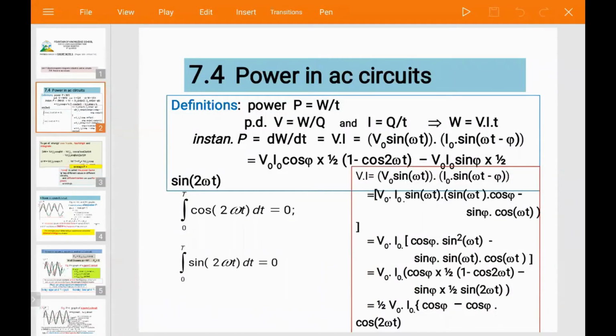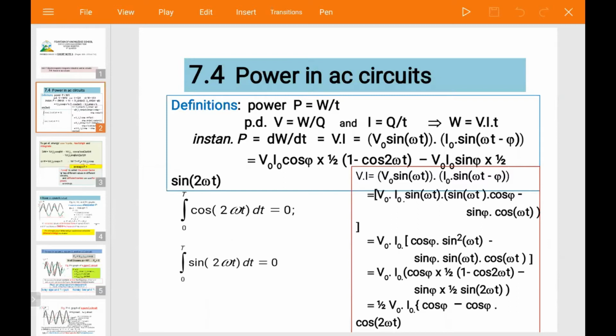We are on the last leg of Unit 7, the mighty AC circuit, power in AC circuits. There are many simple trigonometric equations and one or two integrations. I will start with the simplest one, the one you see in front of you, the integration.